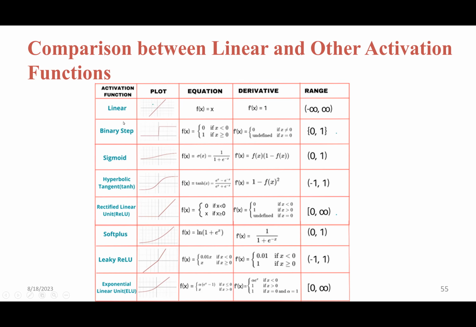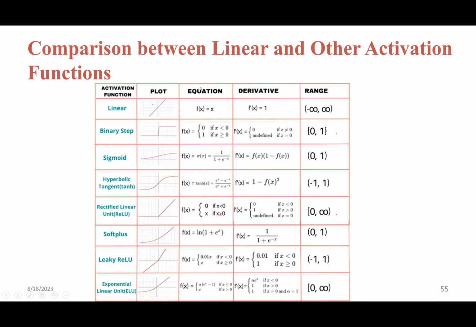So these are the different activation functions. You can see their plots. From the plots, you can also decide their range, which is given in the last column, right? That is, what is the range for each of them. For most of the activation functions, the range is between 0 to 1 or minus 1 to 1, but for some of them, it is also up to infinity.